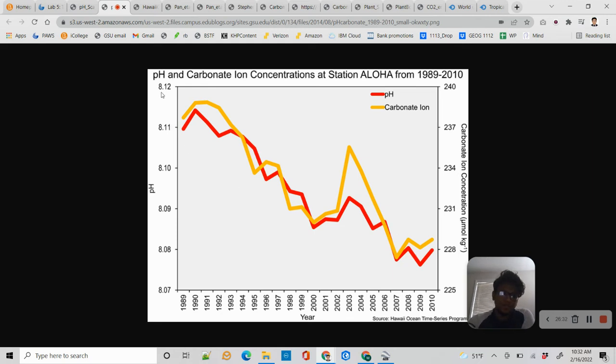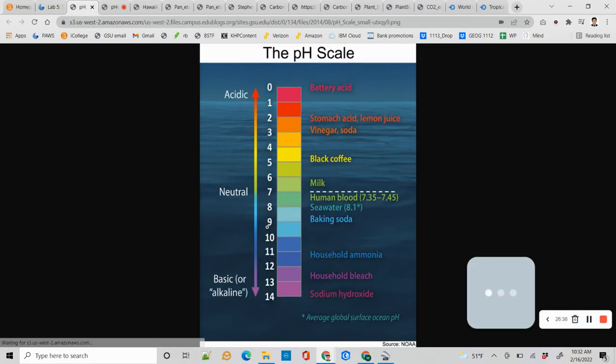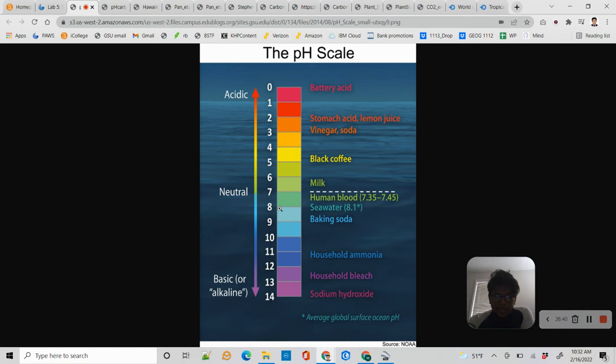The pH goes down from 8.12 to 8.07. So the pH is going in this direction. That means ocean water, seawater, is around 8.1, and that is getting towards the acidic section of the pH scale.